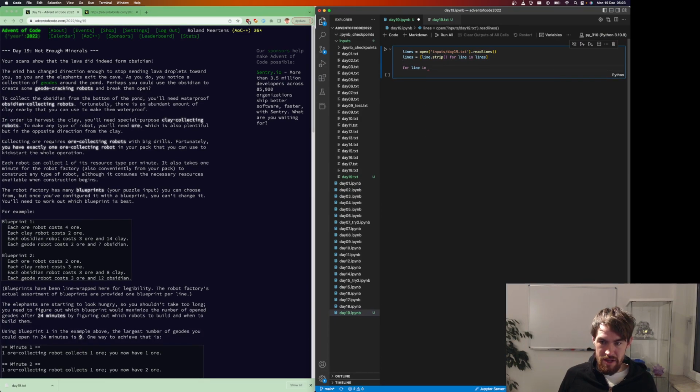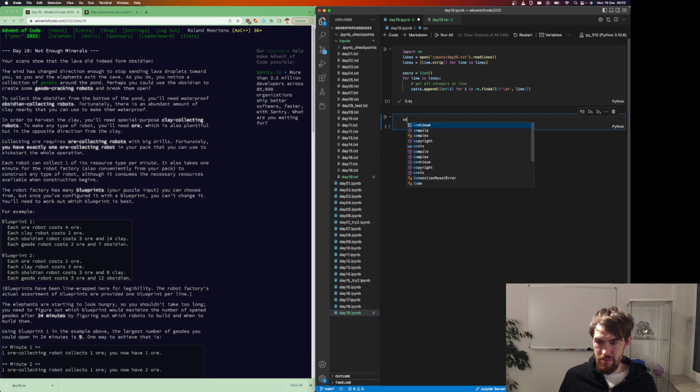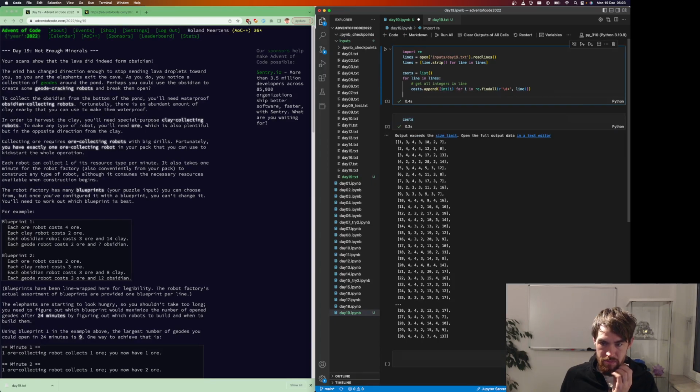For line in, let's import regular expressions. Costs is a list. Let's extract the costs and add that. Cool.